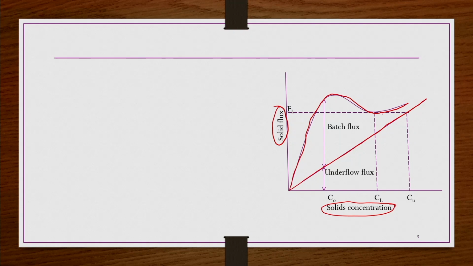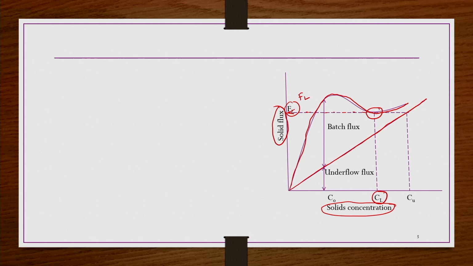So, now you can see there is a region where the flux is minimum. The solid flux corresponding to this minimum location is known as FL, the solid flux of the rate limiting layer, whichever we have considered, and the corresponding concentration is CL. Sometimes you need to know the underflow sludge concentration also. Sometimes in problems it is available or it is a requirement.